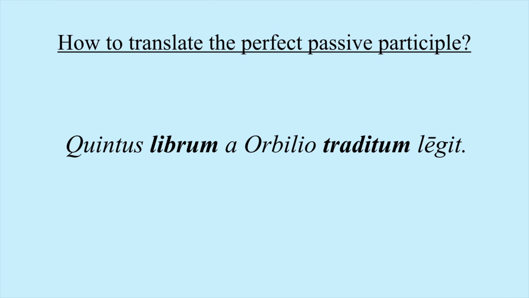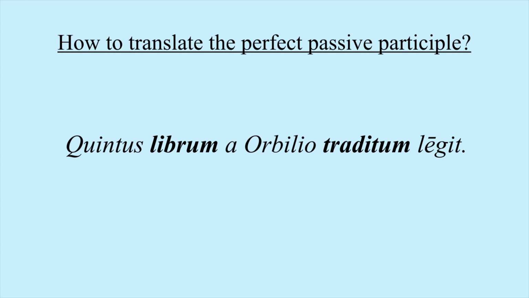So knowing what we know, let's see if we could translate a perfect passive participle. So here's a sentence based on what we've just been talking about. Quintus librum a Orbilio traditum legit.